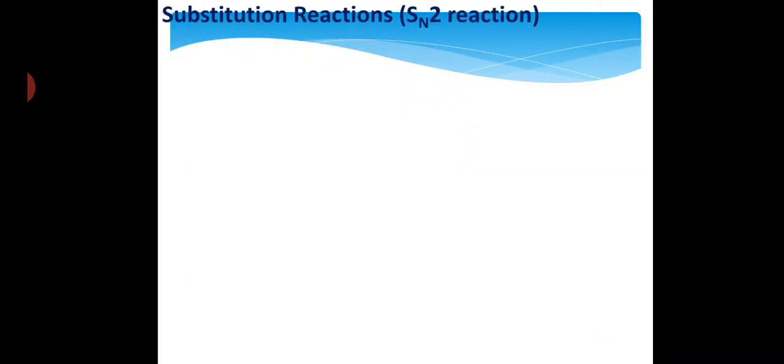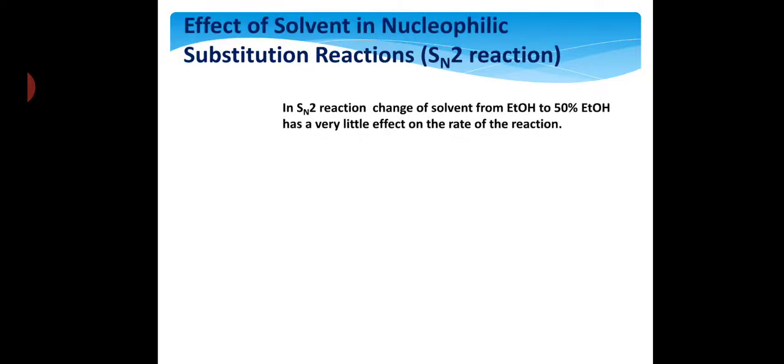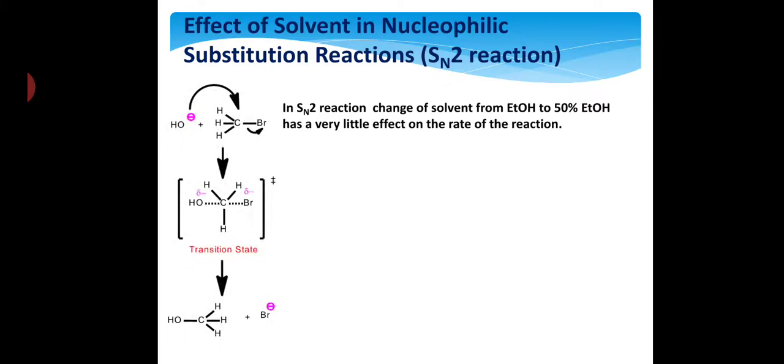In contrary, the change of solvent from ethanol to 50% ethanol has very little effect on the rate of SN2 reaction. Rather, the rate of SN2 reaction slightly decreases. Why is it so? SN2 reaction proceeds through the formation of the transition state, where the negative charge on the nucleophile is dispersed from one end of the molecule to the other.